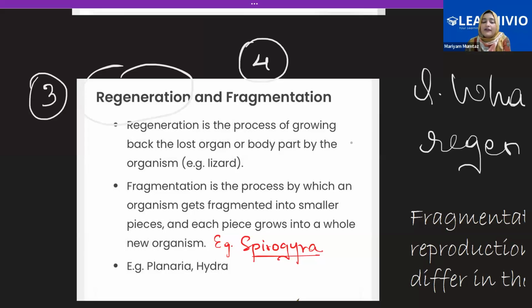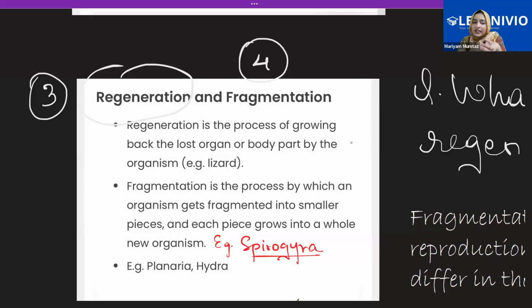That is the power of regeneration found in lizards. Here, the organism can get broken into several parts, and the broken part can regenerate.